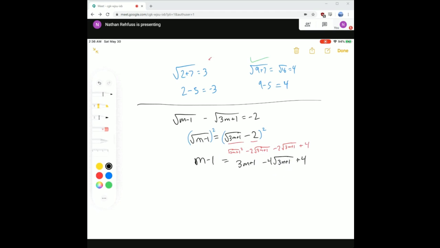M minus 1 equals, I'm just going to combine like terms in this step, 3m plus 5 minus 4 root 3m plus 1. And then what I can do is subtract 3m and subtract 5 from each side.